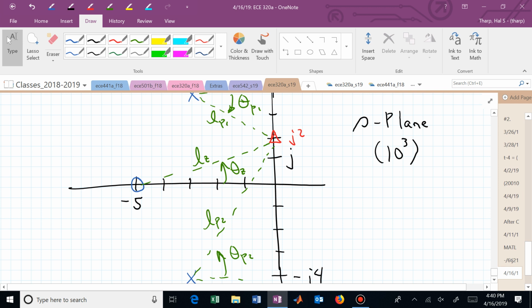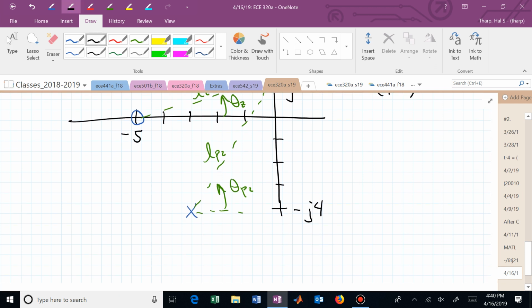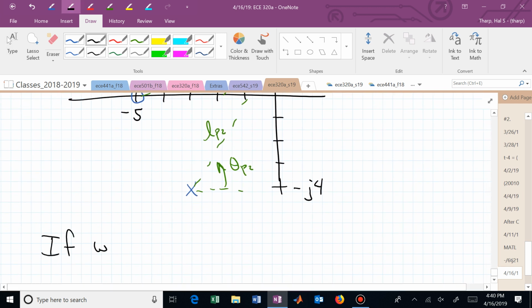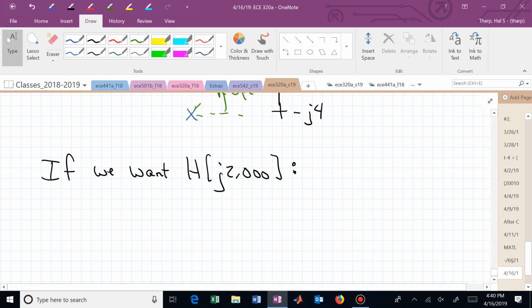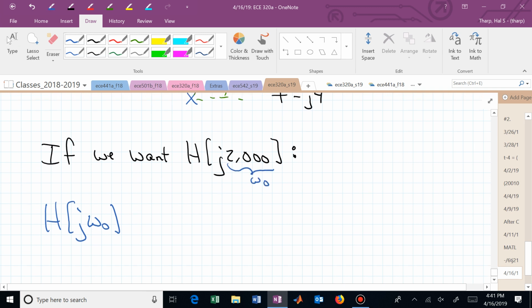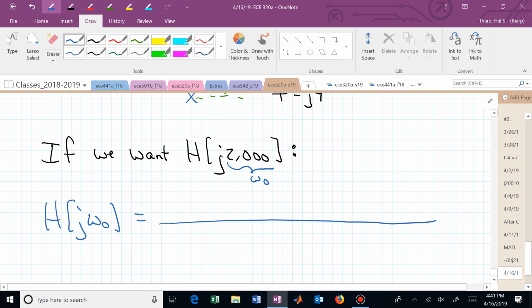So relative to these lengths and angles, if we wanted H of j2000, then we would say H of j omega naught, where omega naught is the 2000. We have our given constant of 1,000. We can't forget that.